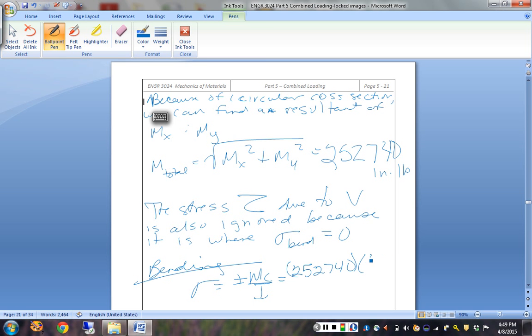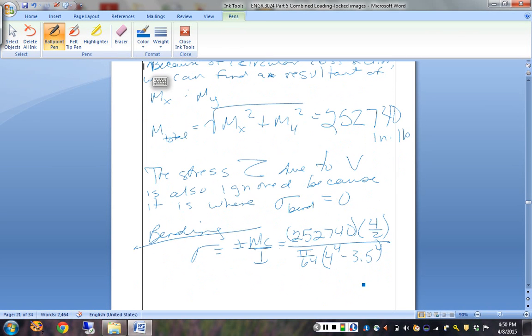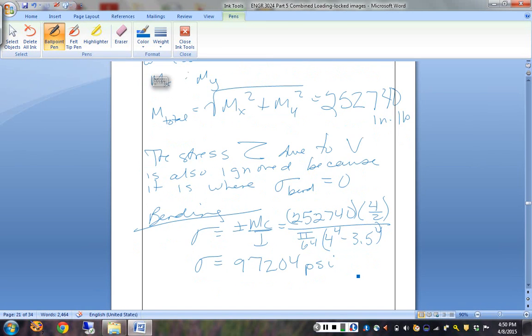What's our C? It's half of our diameter, which was a 4-inch pole. I is pi over 64, outer diameter to the 4th minus inner diameter to the 4th. So we end up with 97,204 PSI. So that is my normal stress due to bending.